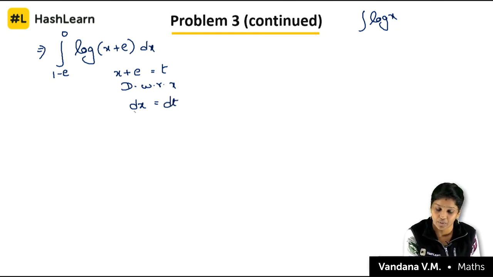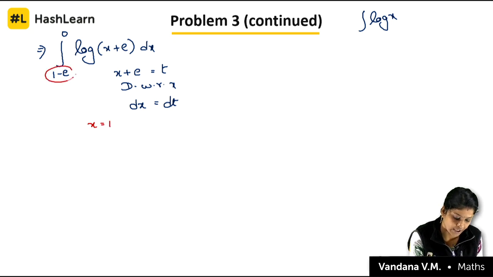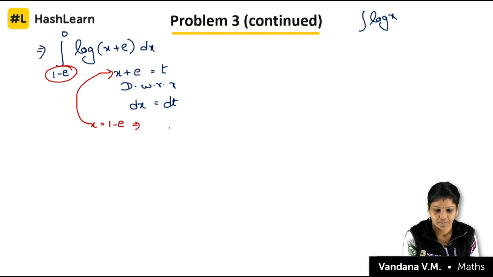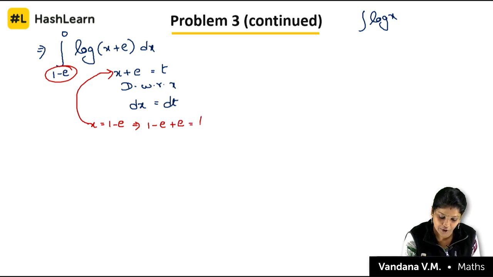Now substitute the values; the limits will also change. For the lower limit x equal to 1 minus e, 1 minus e plus e is equal to t.